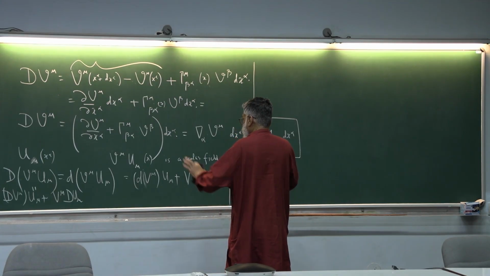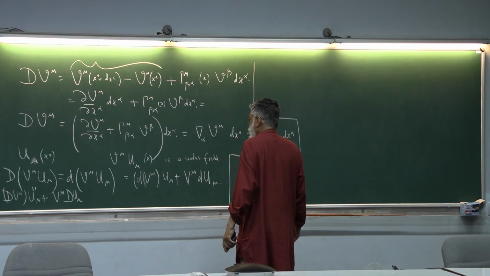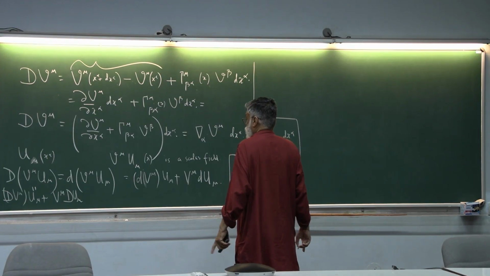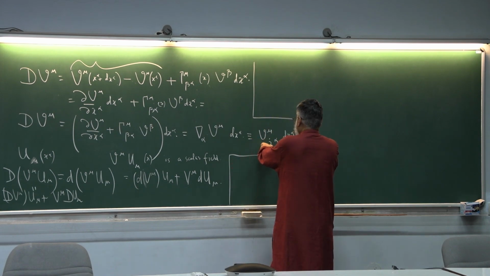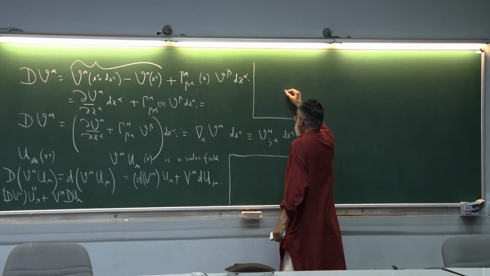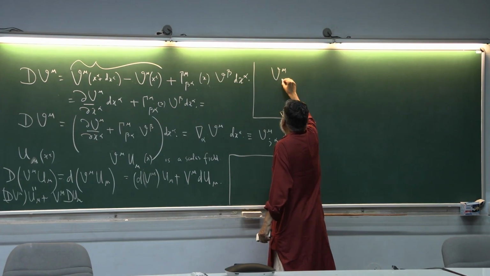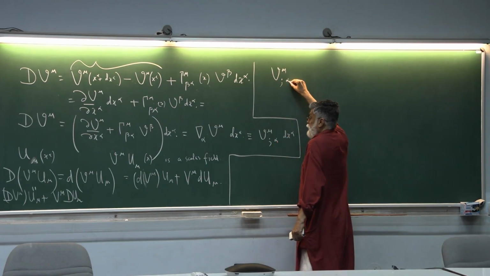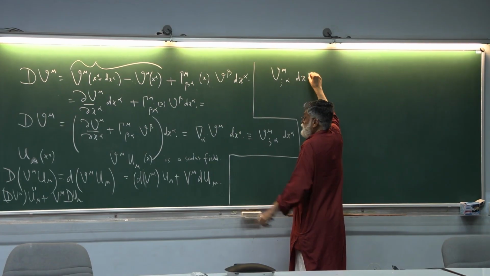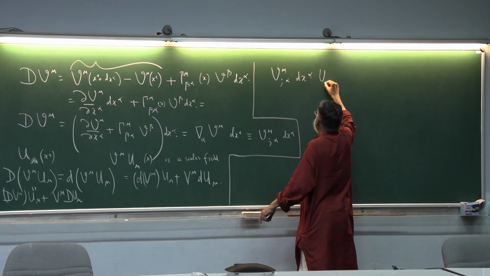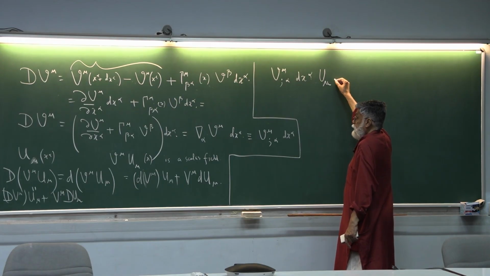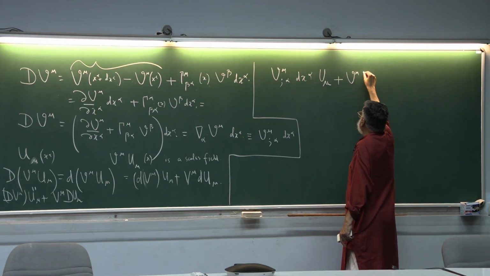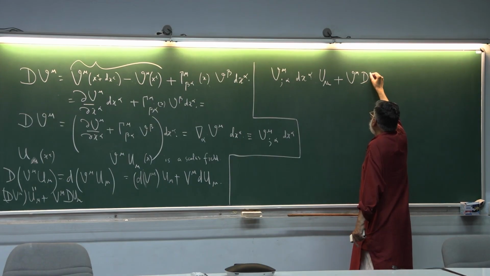Right. So now let's write down everything systematically. So capital D of v mu u mu, that I know what it is. It is this. So we know that this is v mu semicolon alpha dx alpha, this is my capital D v mu, times u mu, plus v mu d of u mu.